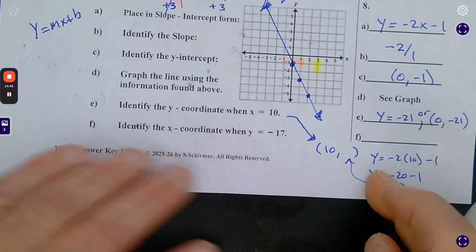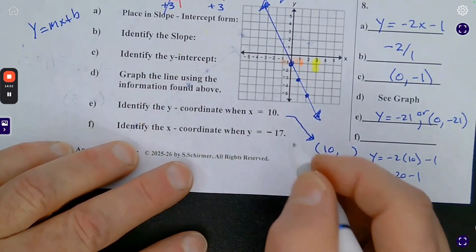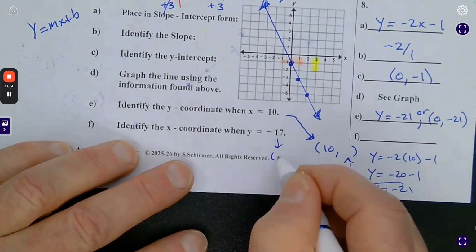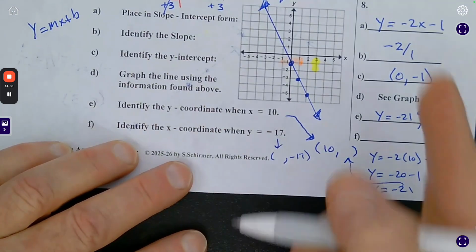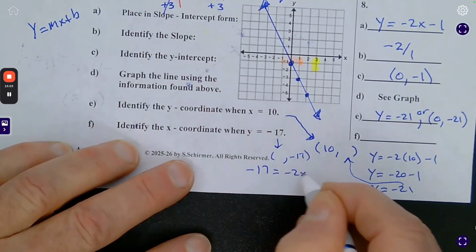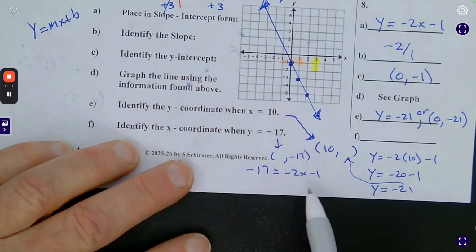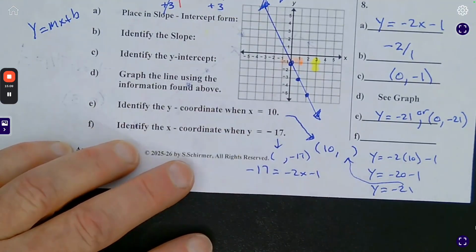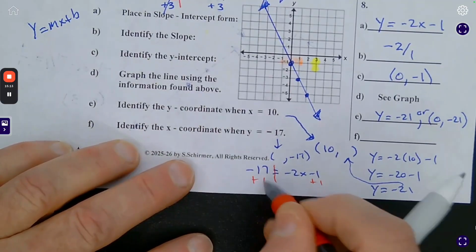Let's do it again. They gave me a y value of negative 17. So that means this ordered pair is something comma negative 17. Well, I'm going to go up here, and I'm going to let y be negative 17. Notice what I did. I just took the y out and replaced with negative 17. That's a two-step equation. You know how to solve that. You worked hard to earn that.